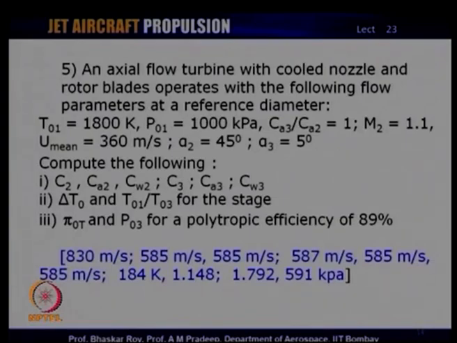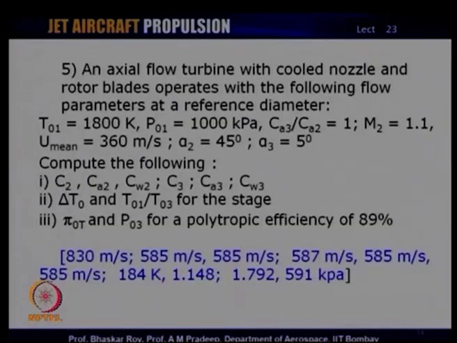And if you adopt all the prescriptions that are given and the velocities and other parameters that are asked for, you get those numbers. The velocities are 830 meters per second, 585 meters per second, and 587 meters per second for C 3 and 585 meters per second for C A 3 and C W 3.